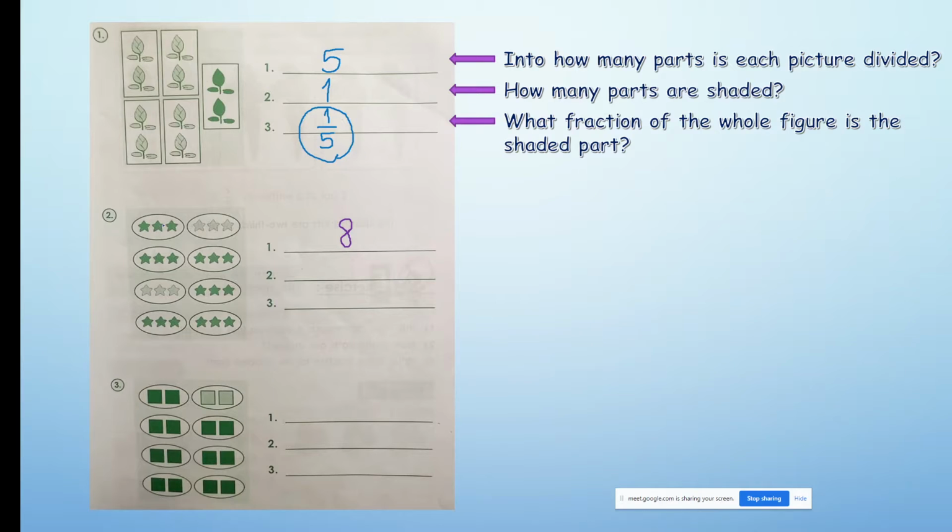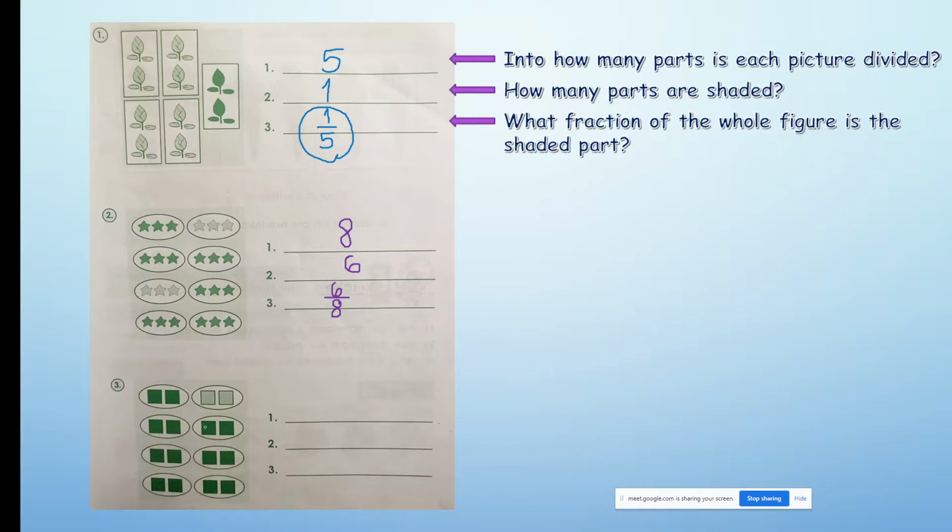The dark ones, like this. 6. So what is the fraction now? The shaded part is the numerator, and the denominator is the total number of parts. What's the fraction now? Yes, 6/8.